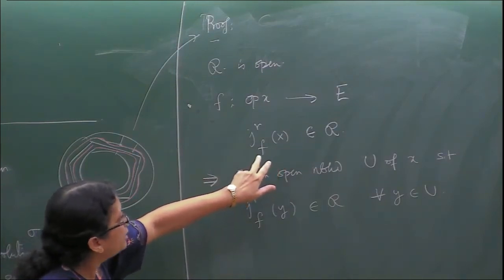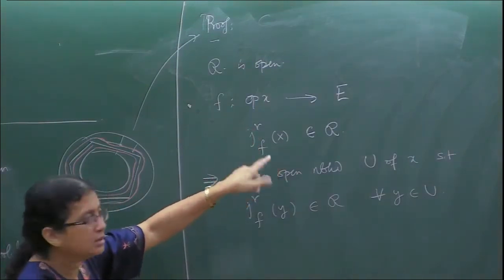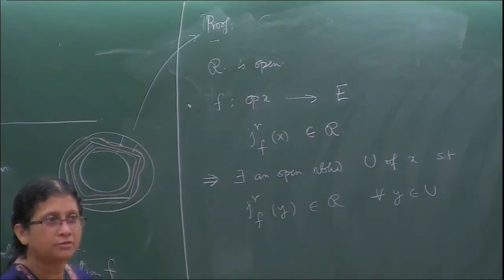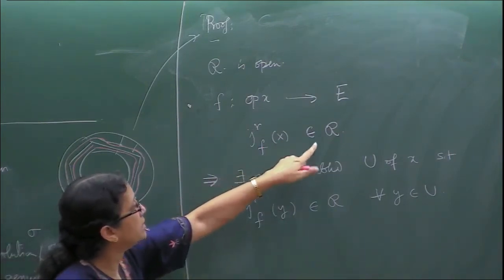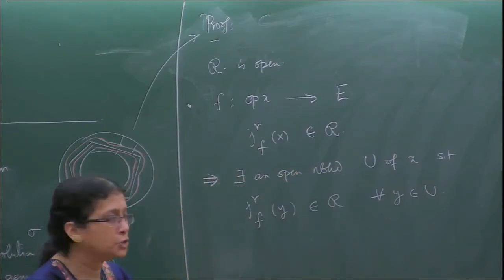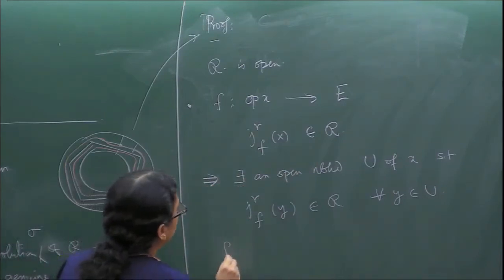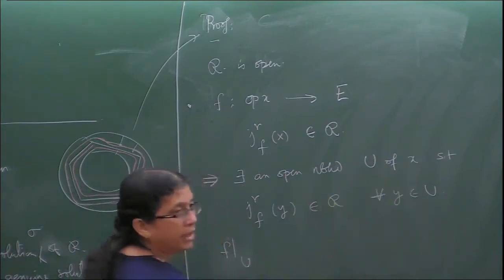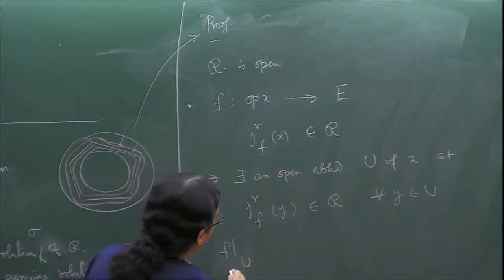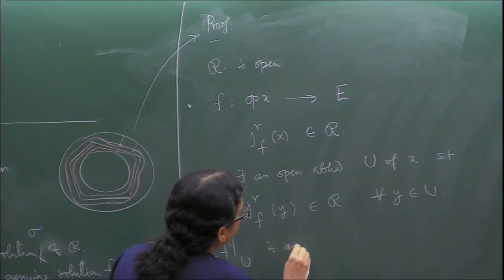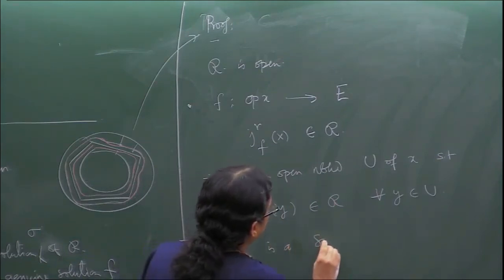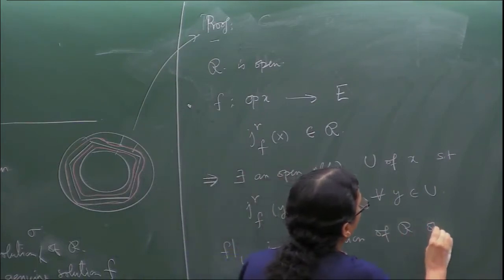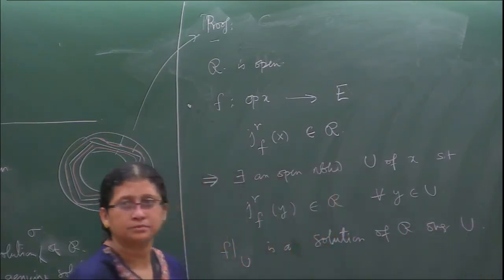I could have chosen another representative, and the maps will be different. At one point they may be the same, but whatever representative I choose, F restricted to U, or maybe I have to shrink the neighborhood again, is a solution of R over this small set U.